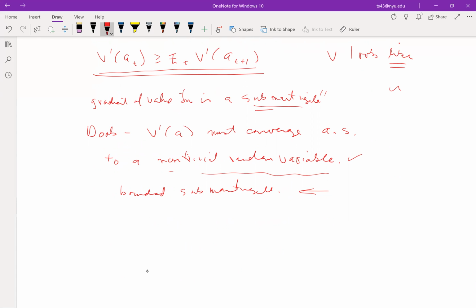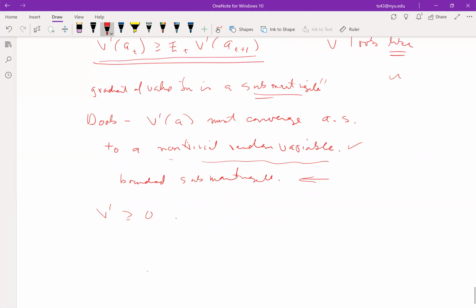So what has to be true is v prime is greater than or equal to 0, so it's bounded. So v prime of a_t is going to have to converge to 0 almost surely.